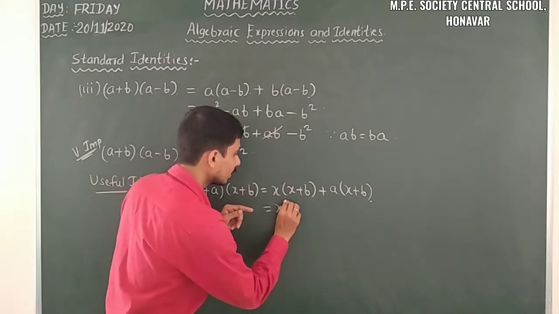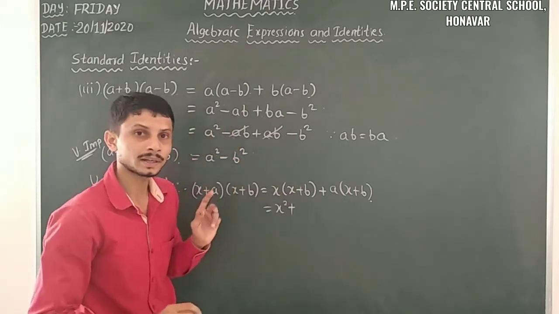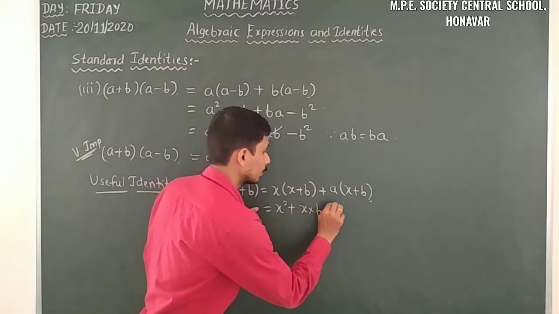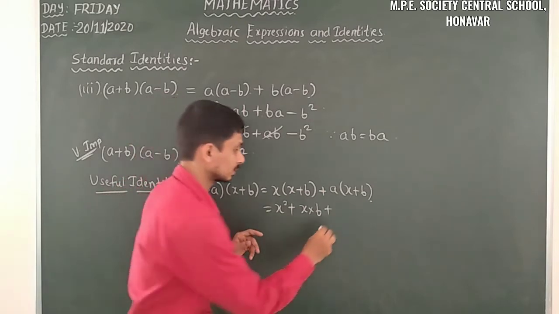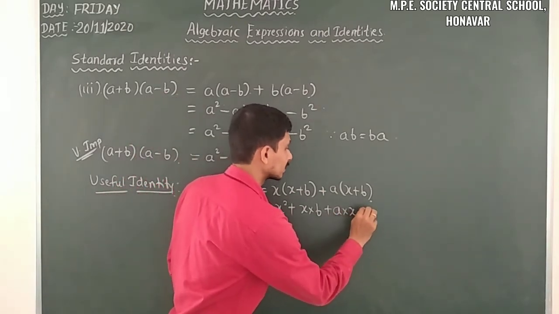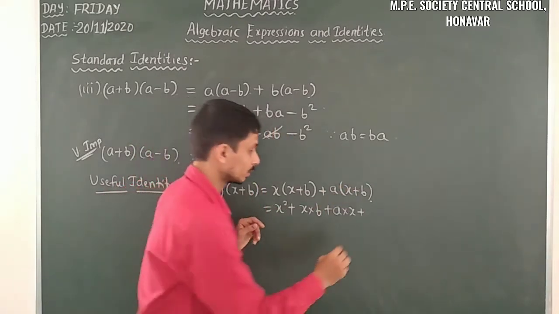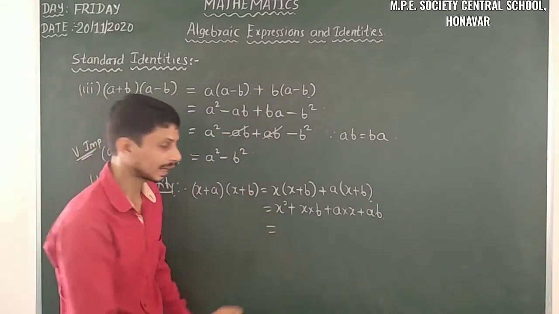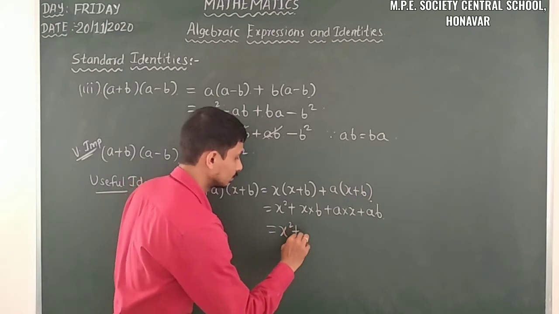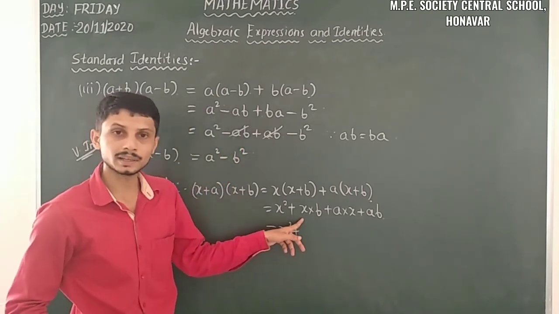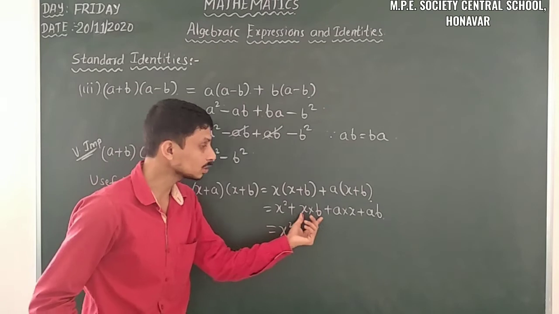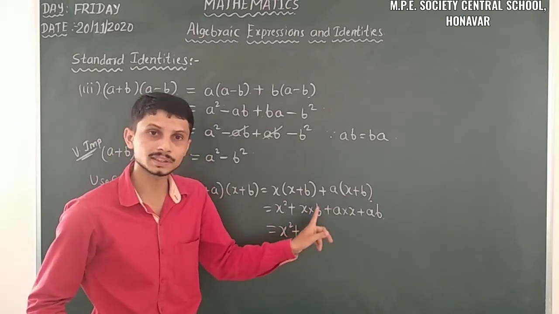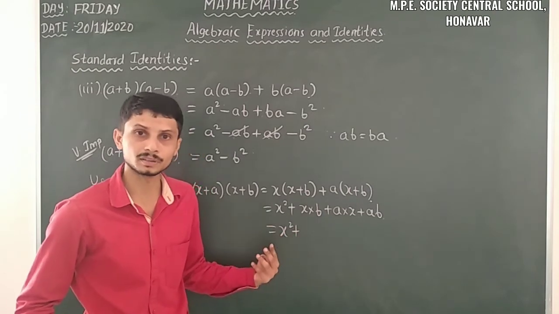Then x into x, x square, plus x into b, xb, plus here a into x, plus a into b, that is ab. So here x square remains as it is. Then just observe these two terms. Here x is common to both of them, so we take it as common.